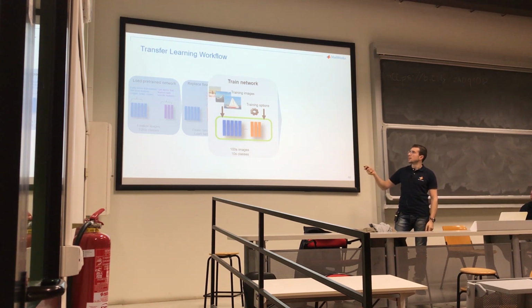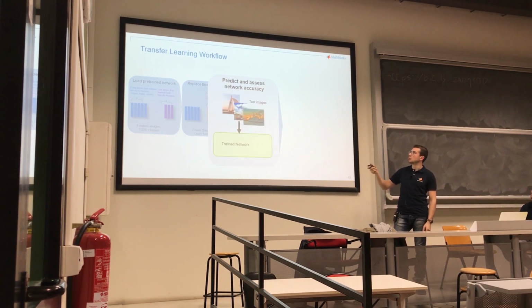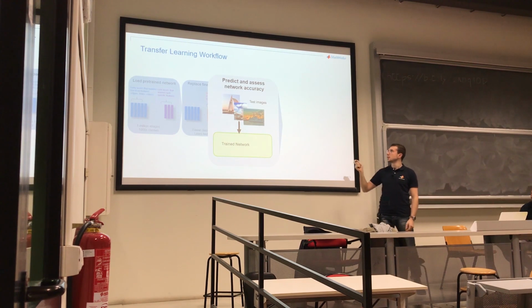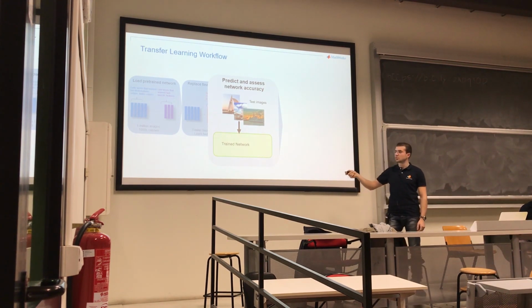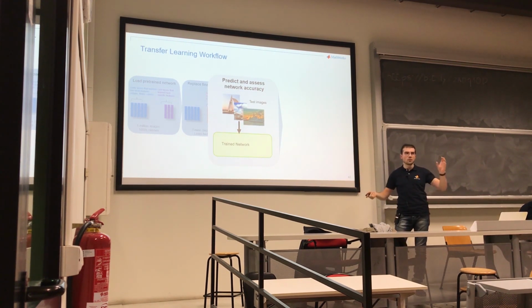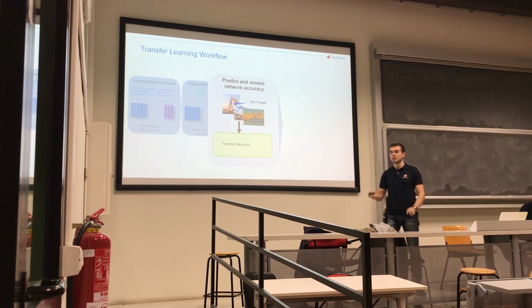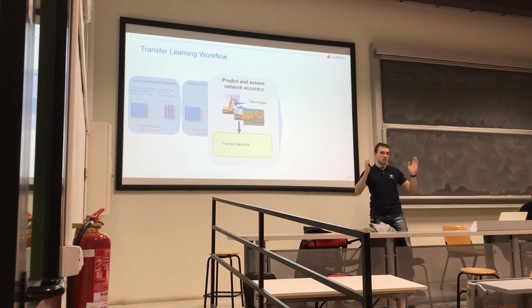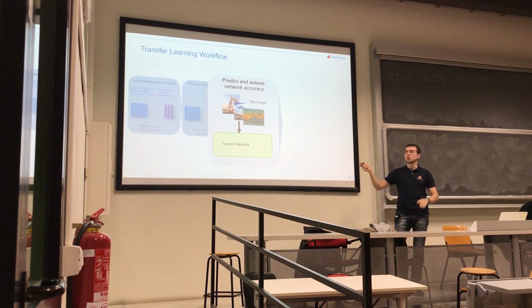Okay. And then with this, we have to predict and assess. So we have the trained network. We have, I can say, the general network. We specialize the classification network. Then we have the new network, ready to use with the test images.